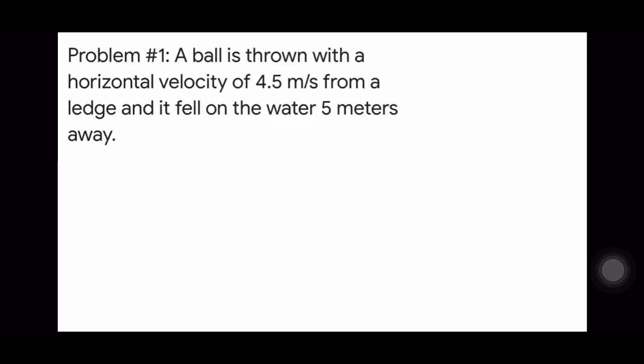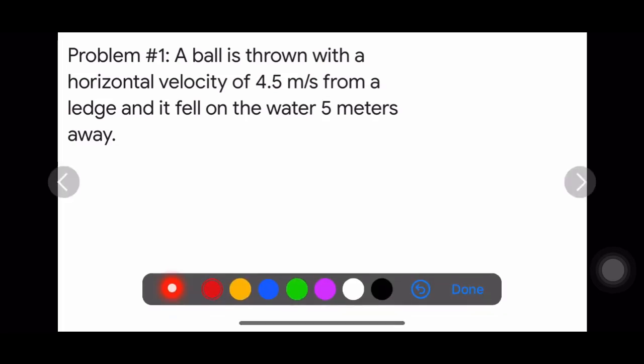Okay, let's start with the first problem. A ball is thrown with a horizontal velocity of 4.5 meters per second from a ledge, and it fell on the water 5 meters away. To solve this one, we have to visualize first what is happening here. Let's try to draw a ball thrown from a ledge. This is the ledge, and then it's thrown. Obviously the ball will go downwards because of Earth's gravity.